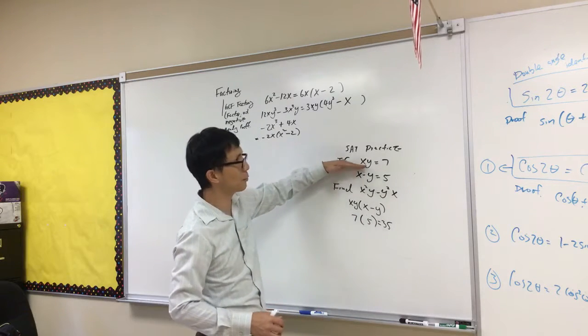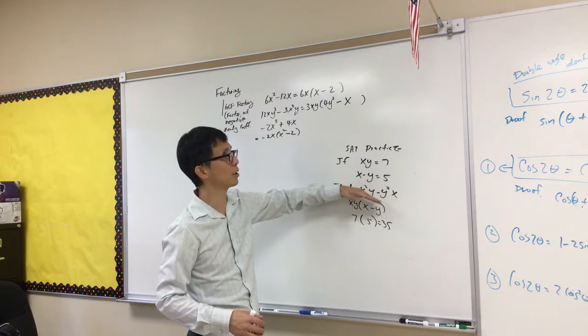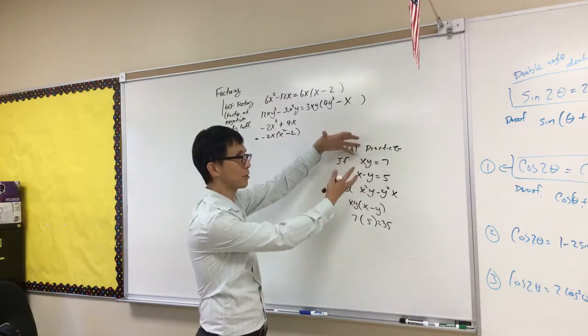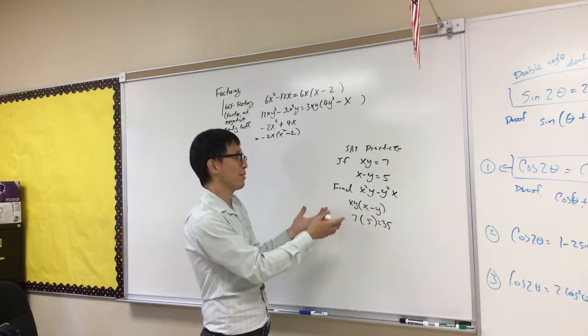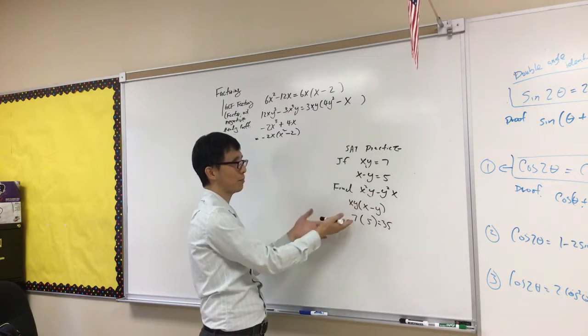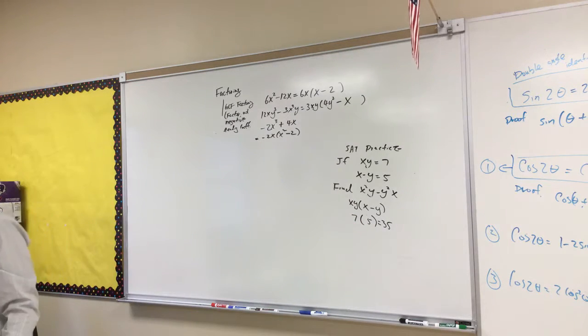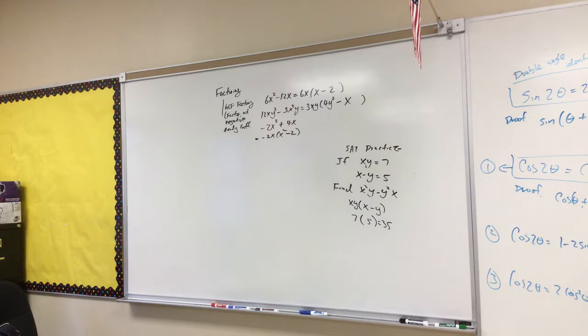This is clue number 1, clue number 2, and this is clue number 3, but you have to make sure it's related to those two. If I factor out xy, then xy is right here, factor out, boom, 7 times 5, 35, done. Next question. So why do people get stuck on an SAT question for 3 or 4 minutes? This one's a 10-second question. You should not spend more than 10 seconds, just move on to the next question.